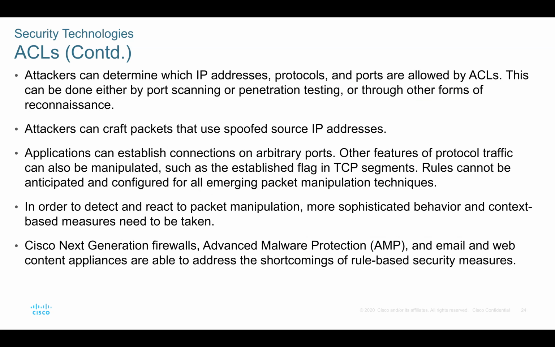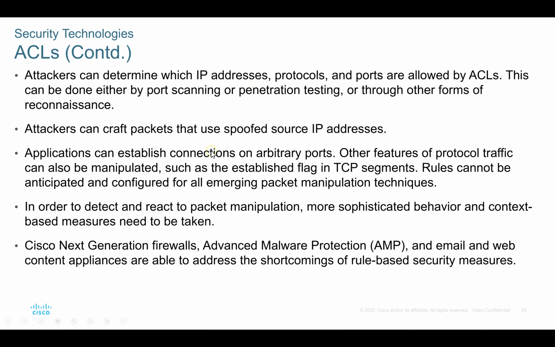So attackers can determine the IP addresses, the protocols, and the port numbers that are allowed. So please write that down. So this is a flow within the ACLs. If somebody can get into your configuration file on the router or the firewall, they will be able to find out which packets are permitted and which packets are not.